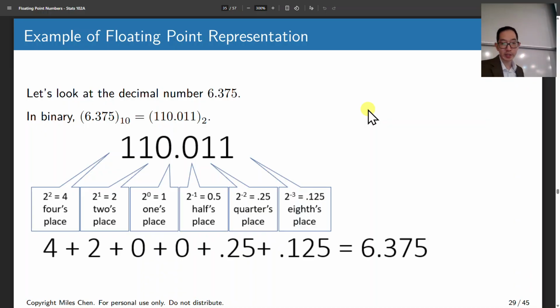So in binary, if we want to represent this number, 6.375, 6 3/8, the way we would do this is we would take the number 6. In binary, 6 is 110, a 4 and a 2, no ones. And then 3/8, 0.375, 3/8 is no halves, 1/4, and 1/8.